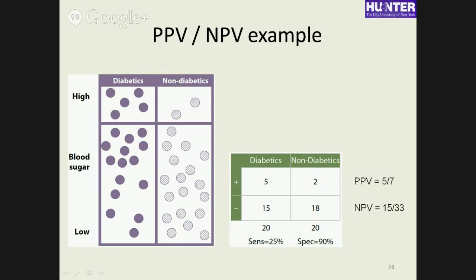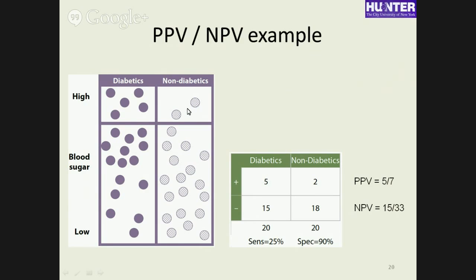You can see again here, by looking at this example, that if you go to a different population where the prevalence of diabetics and non-diabetics is different, you are going to shift people. Say we go to a lower prevalence population, you're going to shift people from the left to the right.